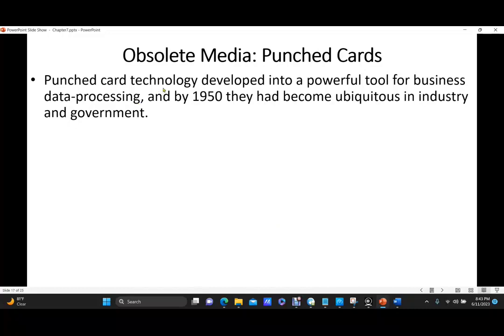Punch card technology developed into a major tool for business data processing. By 1950, the IBM punch card had become ubiquitous in the industry and government.